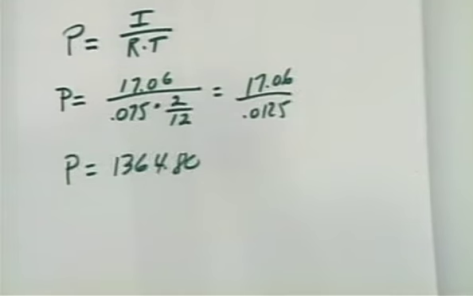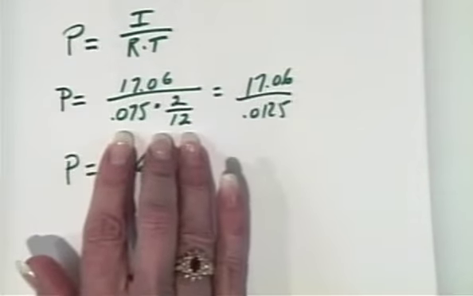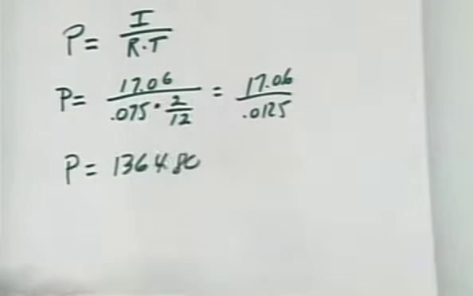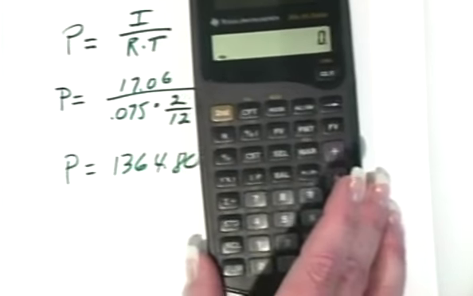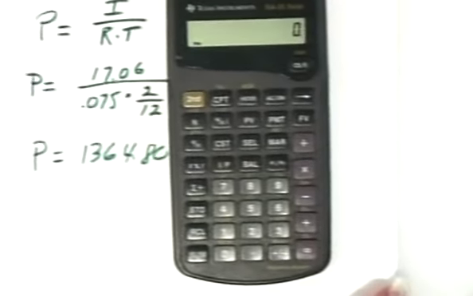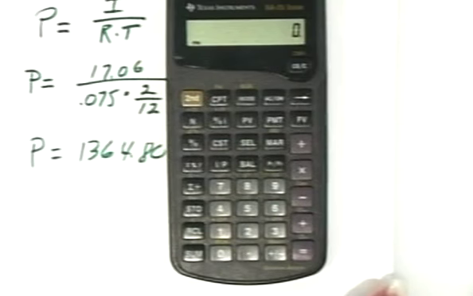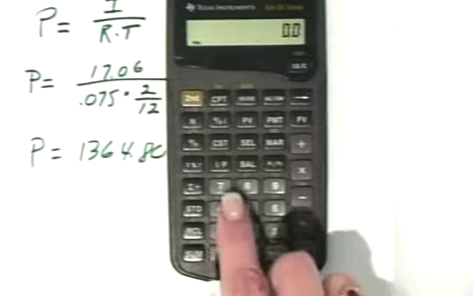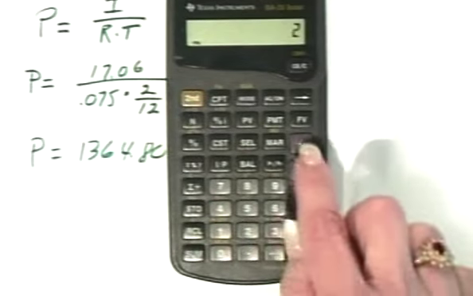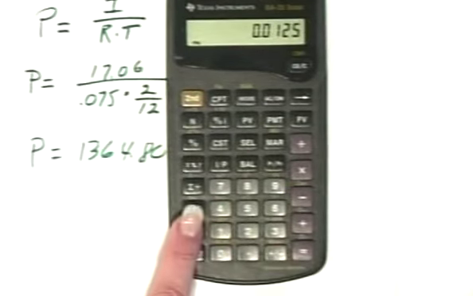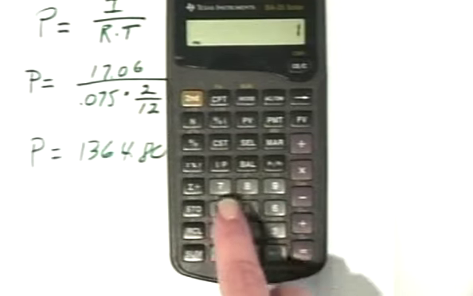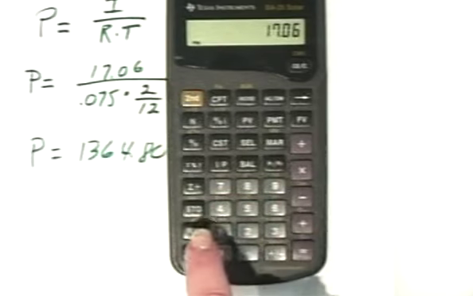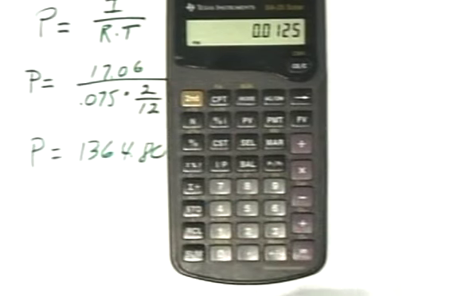When I work with this problem, I like to take care of that denominator. I would go 0.075 times 2 divided by 12 equal. I would then store that number. Now it's in my memory. Then I would do 17.06 divided by recall, second mem. It'll pull that out of memory, equal, and I come up with my answer.